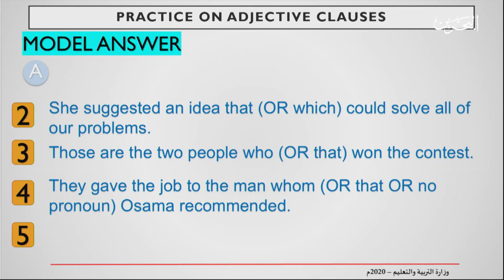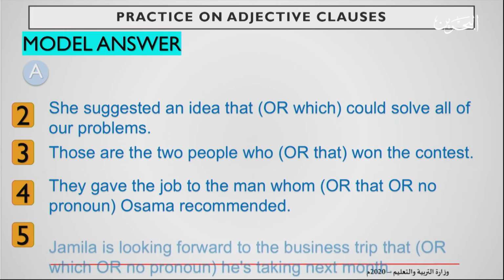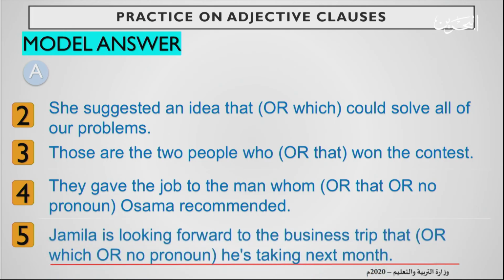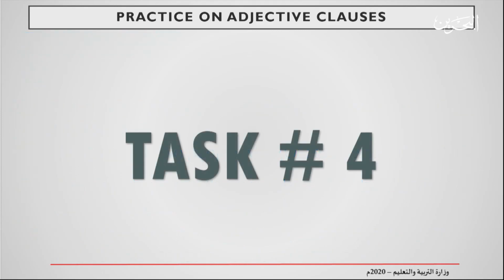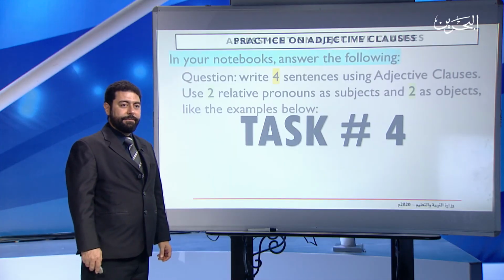They gave the job to the man whom, or you can say that, or you can say no pronoun. You can just take it off. Osama recommended. Number 5. Jamila is looking forward to the business trip that, or you can choose which or no pronoun. She's taking next month.